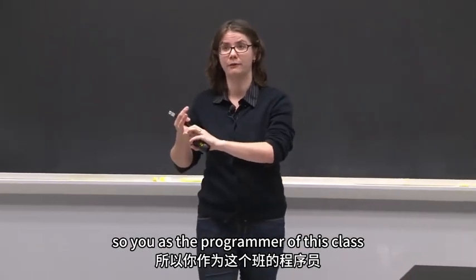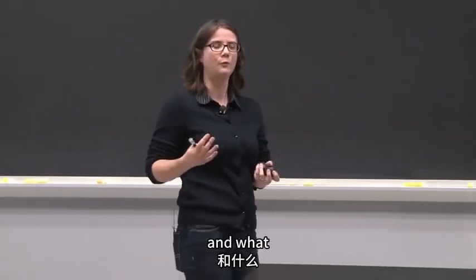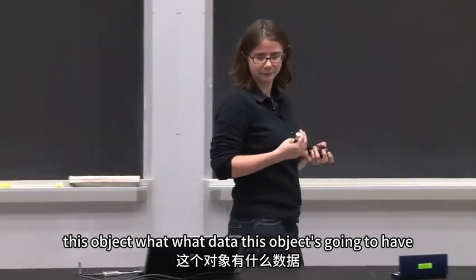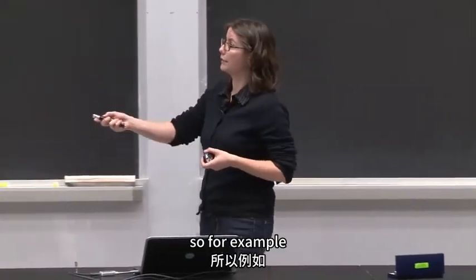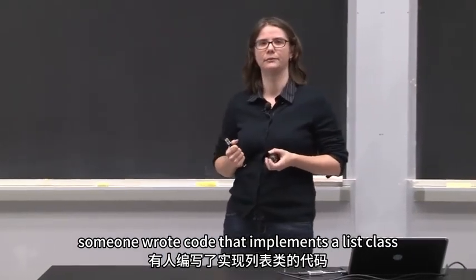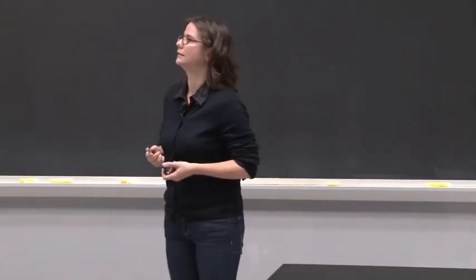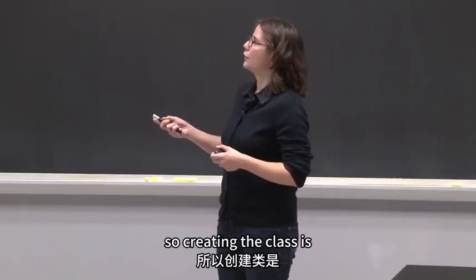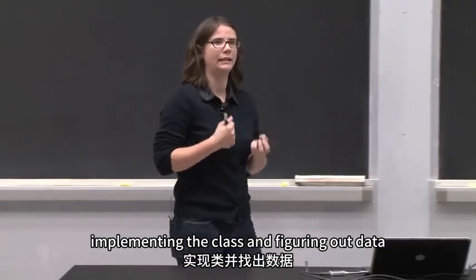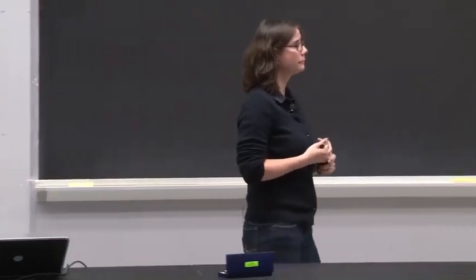So you, as the programmer of this class, are going to decide how you want people to interact with your object and what data this object is going to have. So for example, someone wrote code that implements a list class, right? And we don't actually know how that was done, but we can find out. So creating the class is implementing the class and figuring out data representation and ways to interact with the class.